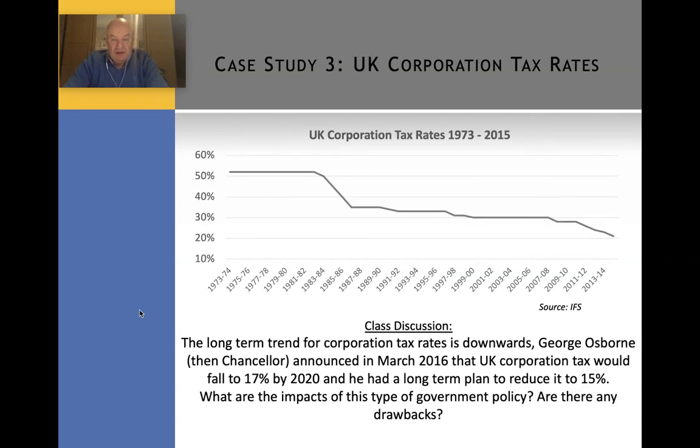Another example here then is UK corporation tax rates. So 3 different things that might actually encourage more investment or changes in the labour market. But in this instance, if we're talking about UK corporation rates, we can see that back in 1973-74, corporation tax rates in 1973 were over 50%.